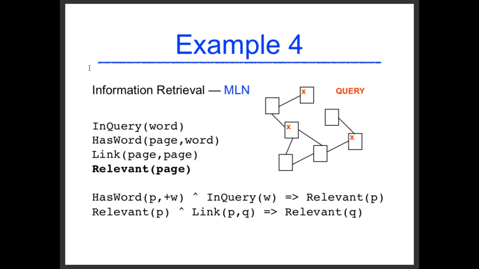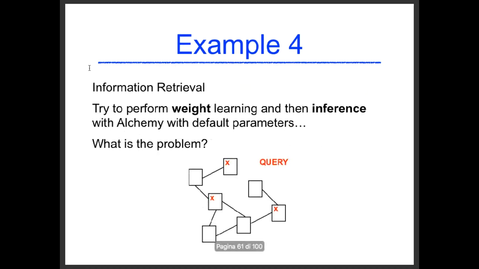This is very similar in the formulation to the hyperlink classification. So if you have word W in page P and W appears in the query, then the page is relevant. But it's also relevant if it's linked to another relevant page, maybe. Okay, this is with Markov logic.